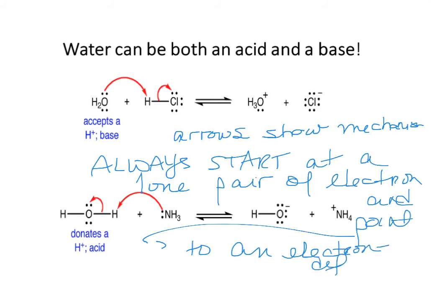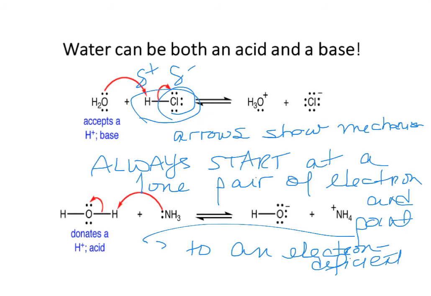Okay, electron deficient. What do I mean by electron deficient? Well, that's something that would have a partial positive charge. So if I told you to write the partial charges on hydrochloric acid, you know that chlorine's more electronegative than hydrogen, right? So it would get the partial negative. Hydrogen would get the partial positive.